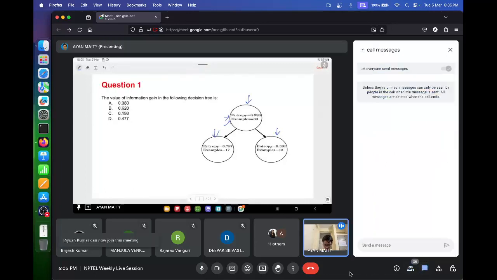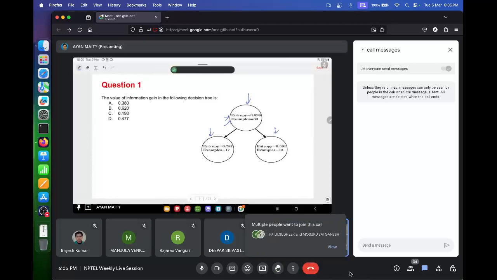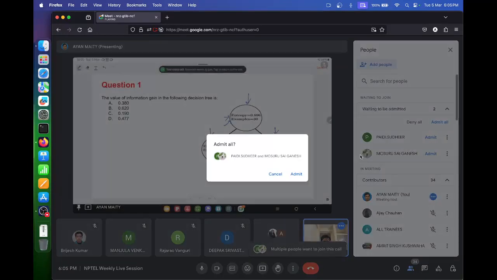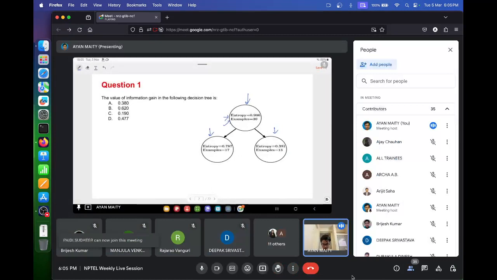For those who joined a little late, this is the first question. You have to find out the information gain for this following decision tree, where this is the root node and these are the two branches, and for each node the entropy value and number of examples in that node are given.